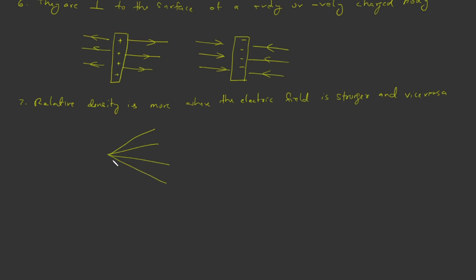The electric field intensity is more, or the electric field is stronger, where the relative density is more. So here it is a strong electric field and here it is a weak electric field. That is, the electric field intensity is more where the relative density of electric field lines is more.